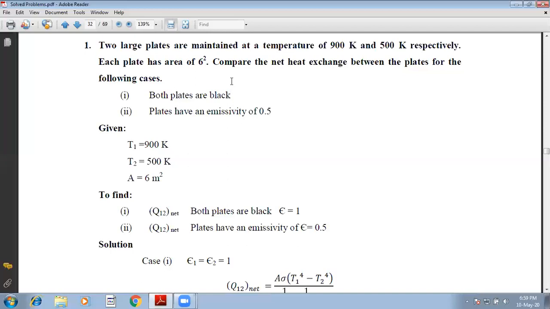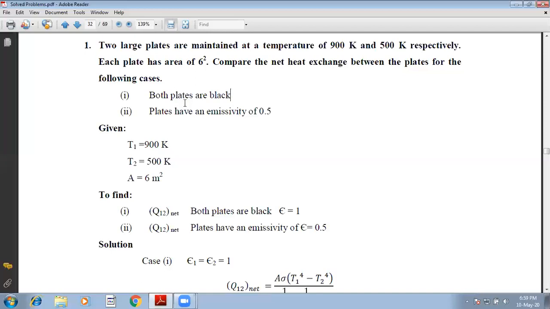Now, we have already discussed the emissivity, which is the ratio of emissive power of any body to emissive power of a black body.